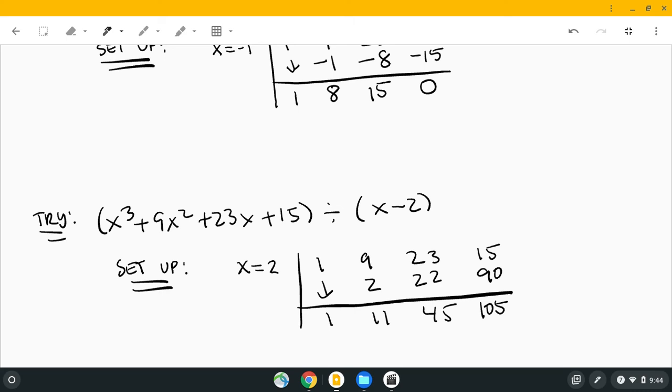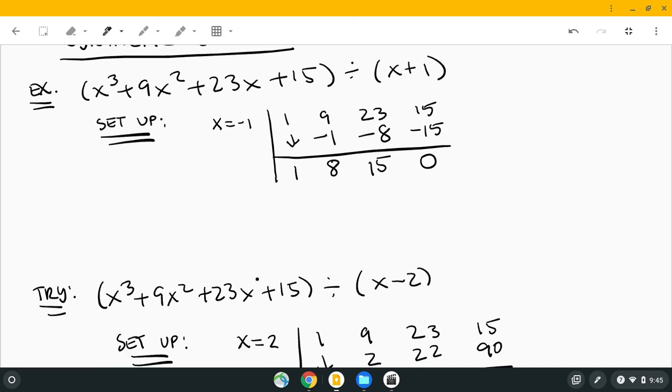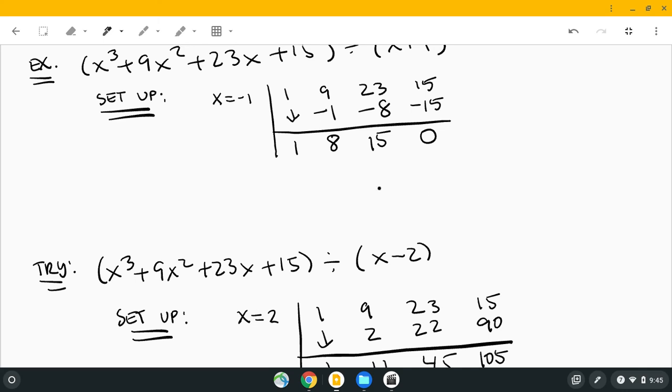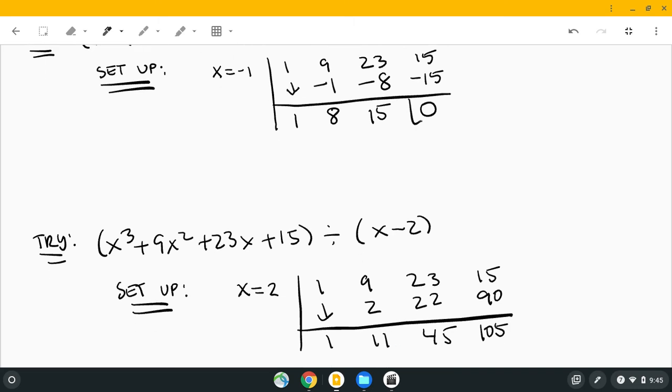Okay? All right, so that's how you do synthetic division, but now I'm going to talk about the remainders because we want to know if these guys are factors, right? We want to know, is x plus 1 a factor of this? Is x minus 2 a factor of this? And we said it's a factor if we have no remainder when we do the division. Well, we just did the division, and it turns out that this last number over here, 0 and 105, these here are the remainders, okay?